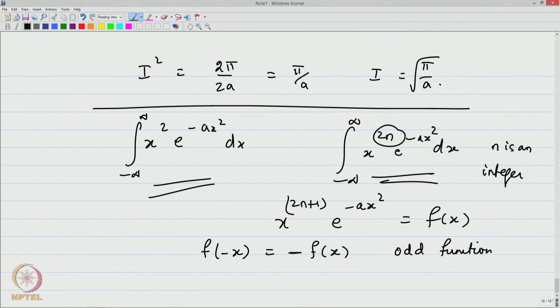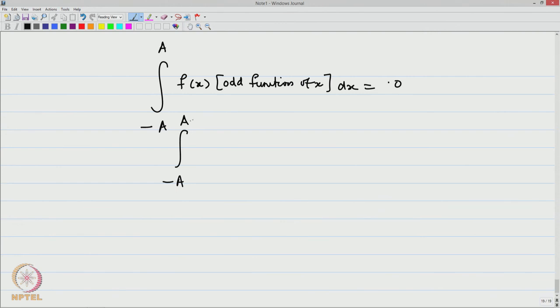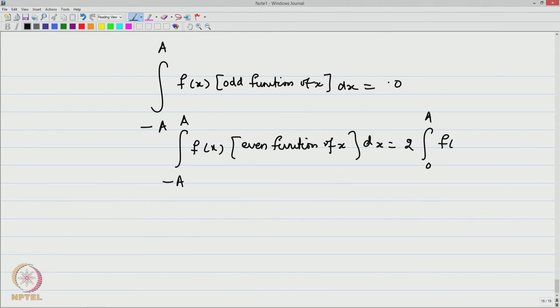Okay. And odd functions have this beautiful property, namely between symmetric intervals minus a to plus a, the integral of f of x, an odd function of x, dx is 0. Minus a to plus a, f of x, an even function of x, dx is 2 times the integral from 0 to a of f of x dx.